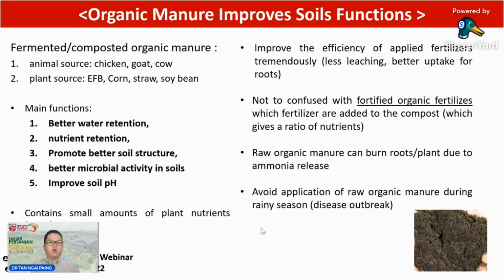So organic manure, or sometimes we call it compost, can come from two sources, animal or plant. Whether you want to add animal or plant source, for me, there is not much of a problem. But one of the most important things when you select your compost or organic manure is to make sure the material is fully composted, so it doesn't have a foul smell of rotten animal or rotten plant.